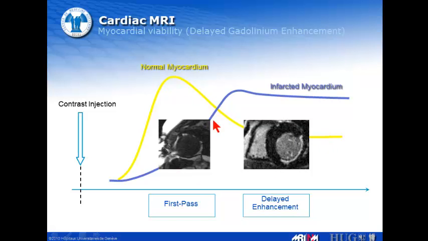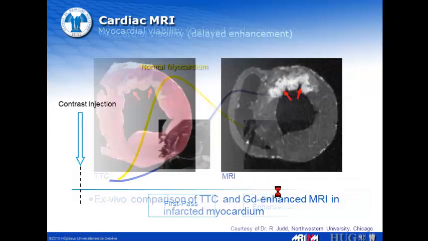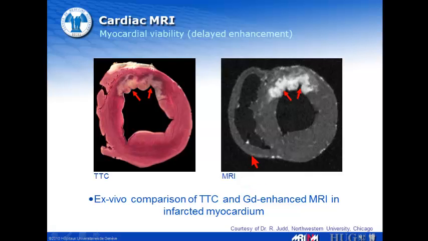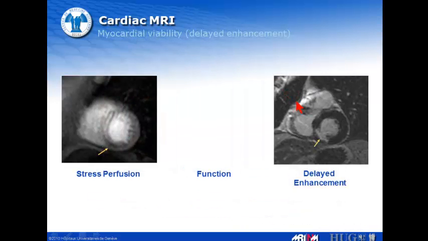In infarcted myocardium, the so-called late enhancement, which we can see on the right-hand side in a subendocardial manner, the wash-in is much slower, and the gadolinium rests within the infarcted myocardium. This is the so-called late enhancement, which was nicely published also in Chicago prior, and correlated to the histology. Here you can see the infarction and the late enhancement of gadolinium in the same patient.